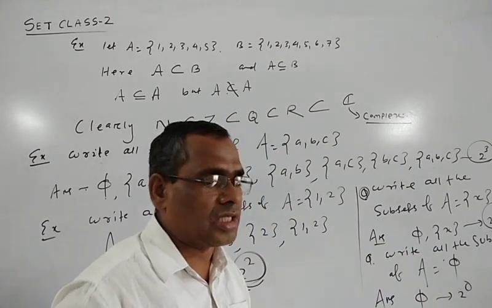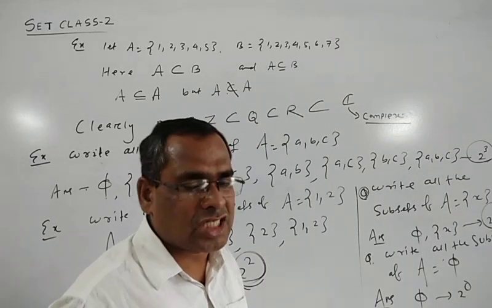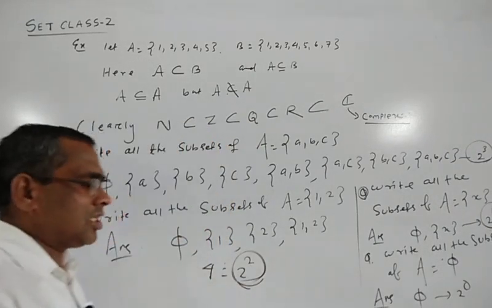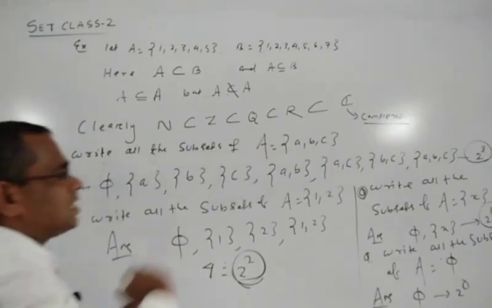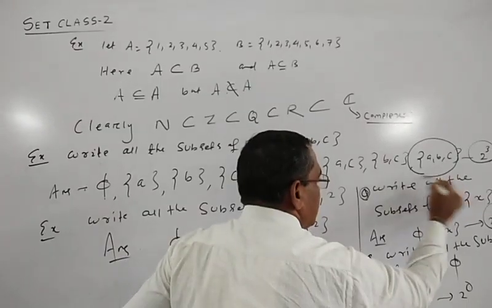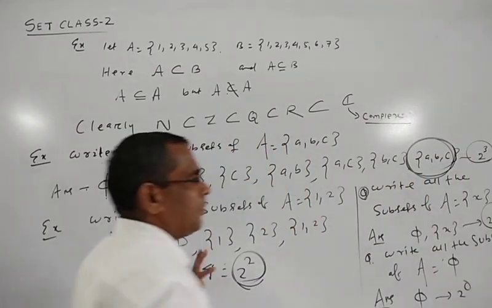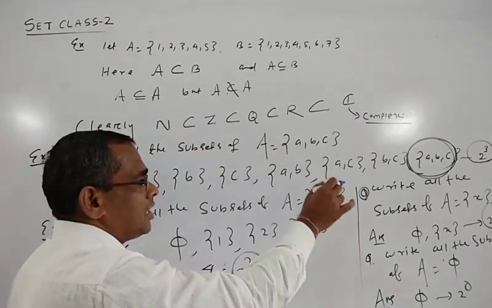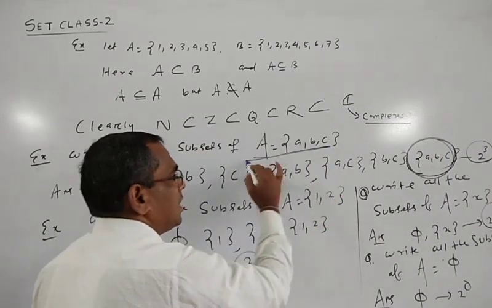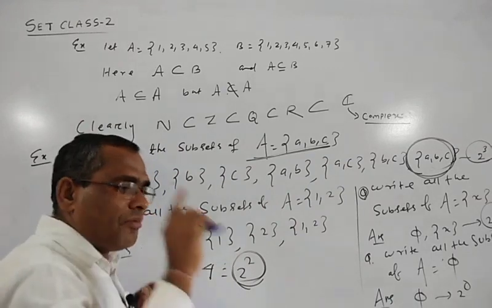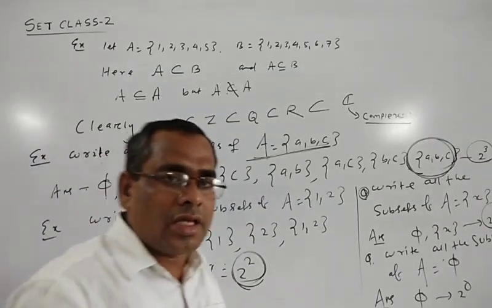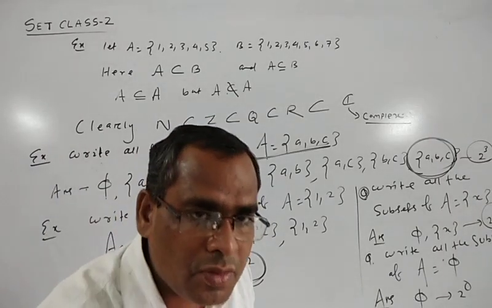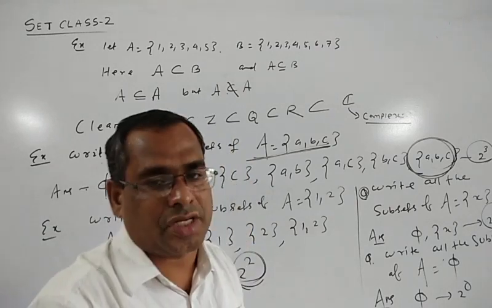Because it has fewer elements than the other sets. But this set ABC is the biggest subset, and that biggest subset is the set itself. So every set is a subset of itself, and it is the biggest subset.